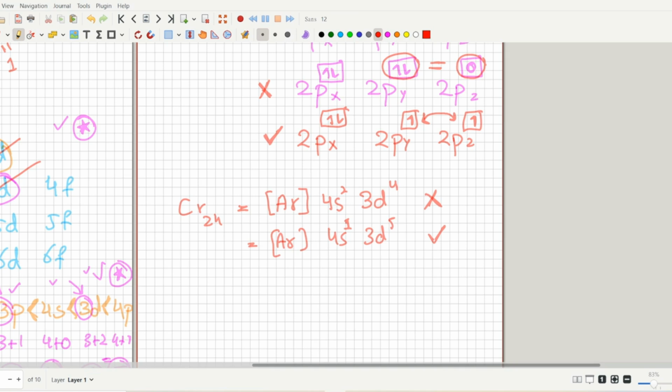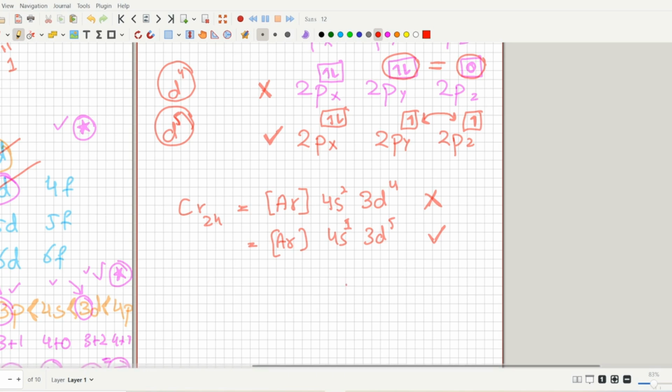So imagine you have an atom that has 5 electrons in the d shell, and there is an atom that has 4 electrons in the d shell. So 5 is exactly half of 10. That means the number of electrons in all the orbitals, in all the subshells, is equal.